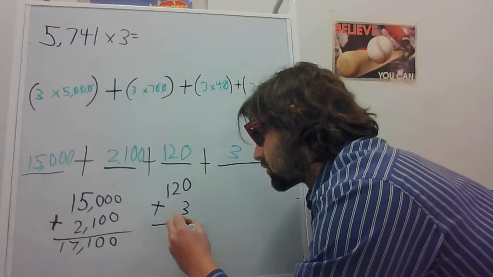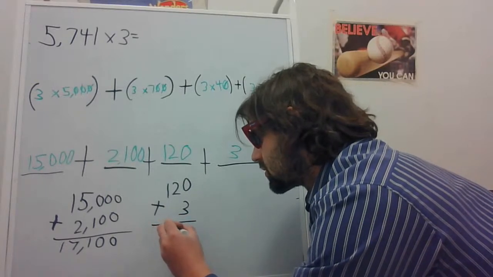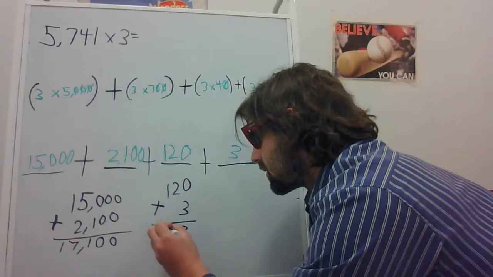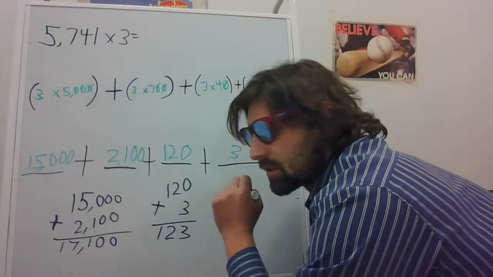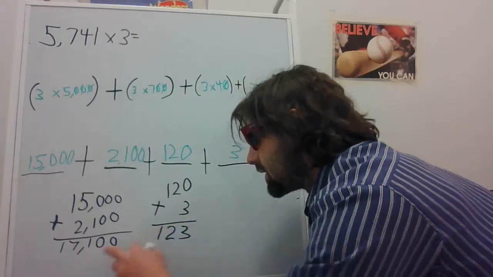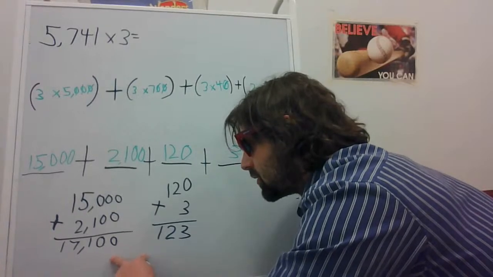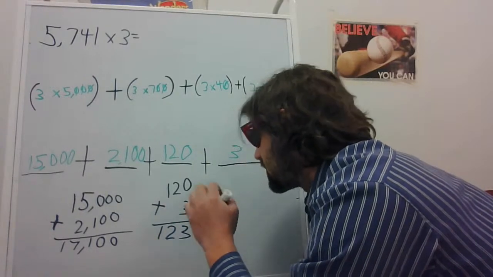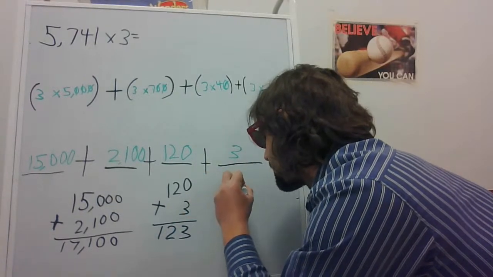Now 120 plus 3. 0 plus 3 equals 3. 2 plus 0 equals 2. 1 plus 0 equals 1. And our answer is 123. So now I got to add up my two answers, 17,100 plus 123.